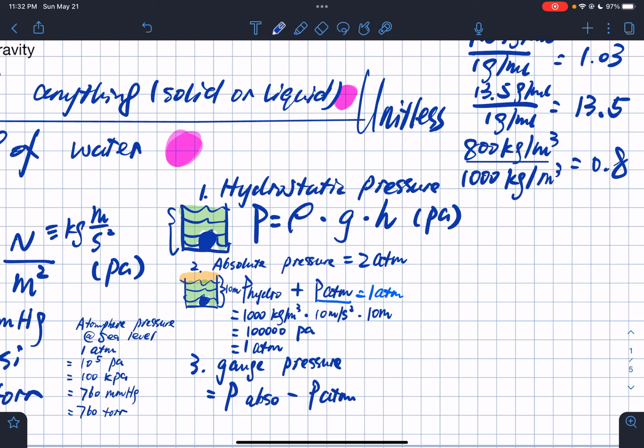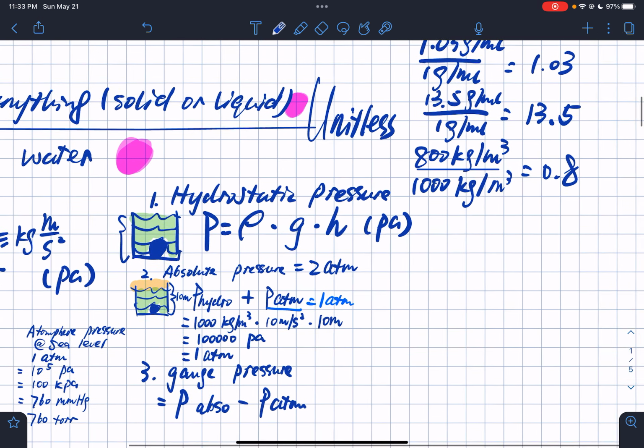The reason we calculate gauge pressure is because most objects are at the same elevation and a similar latitude, so we don't need to take the atmosphere pressure into account, since all the objects are experiencing very similar atmosphere pressure. That's why most of the time in real life we just calculate the gauge pressure.